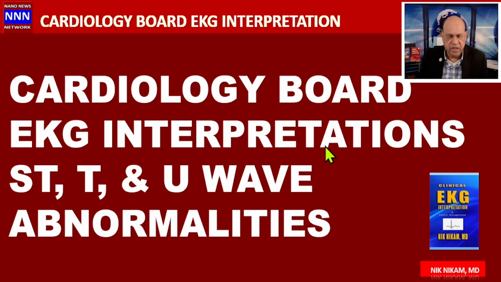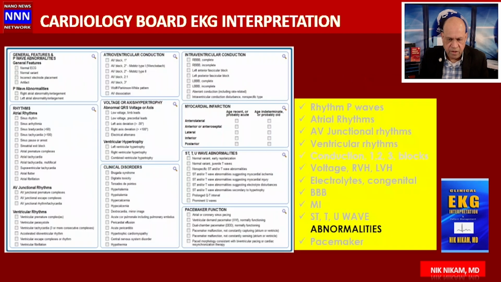So let us begin with the feature presentation, that is Cardiology Board EKG Interpretations section that involves ST and U wave abnormalities. If you are preparing for the cardiology boards, you should be familiar with this answer key that is provided for interpreting the electrocardiograms during the EKG section of the cardiology boards.